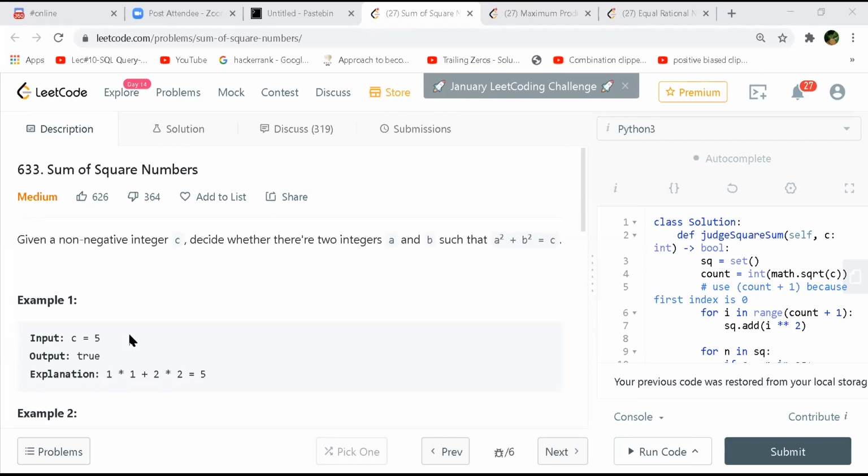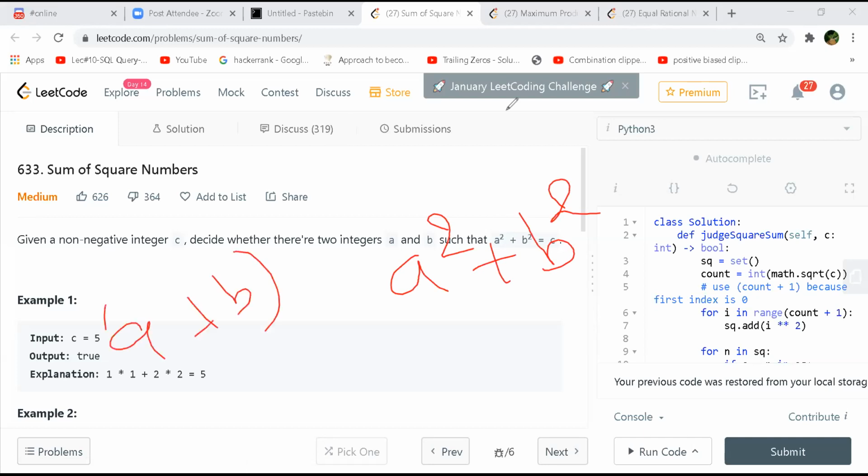Can we use a formula like a square plus b square minus 2ab, something like that? C is equal to a square plus b square. I mean, are you saying this square only, like a minus b whole square?